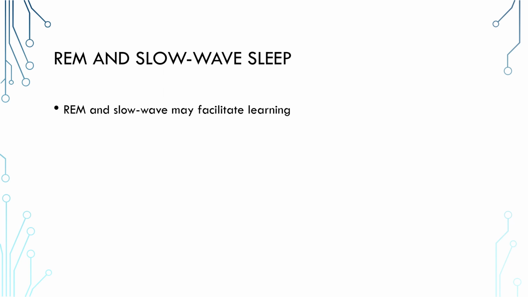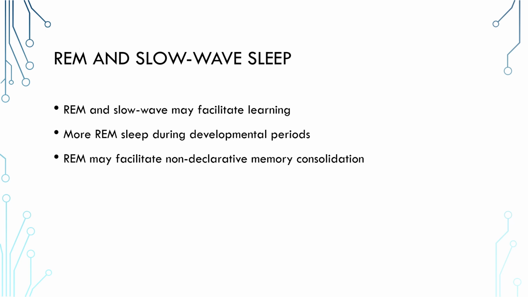Now let's take a look at new learning. Let's look at REM sleep and slow wave sleep. We think that these two stages of sleep may facilitate or make it easier for us to learn new tasks. We see, for example, more REM sleep during developmental periods in adolescence. So more of this dreamlike state tends to happen in younger folks.